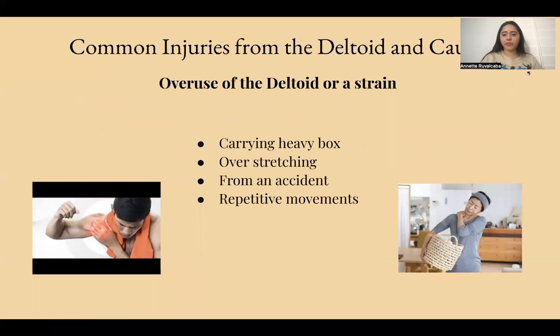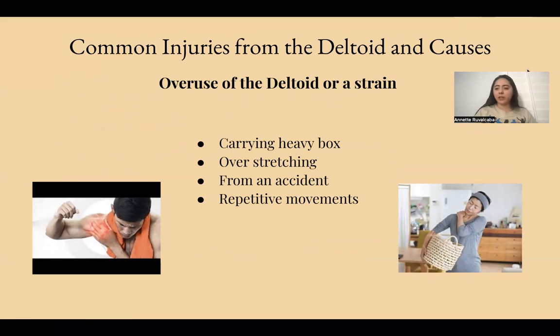Common injuries from the deltoid and causes of them are overuse of the deltoid or a strain. Those are our common injuries there. And what can cause that is carrying heavy boxes or anything that's heavy for our deltoids.